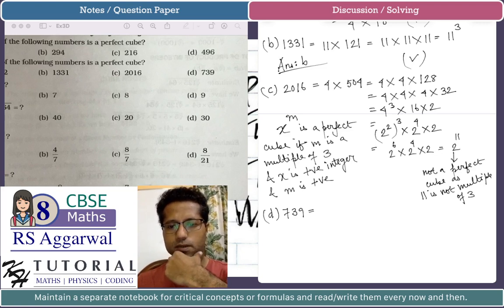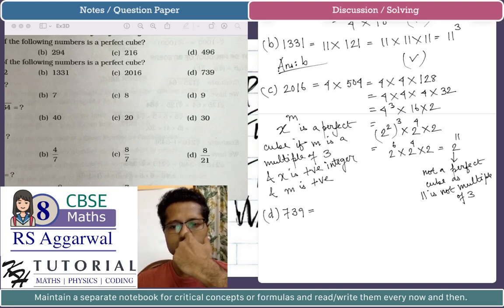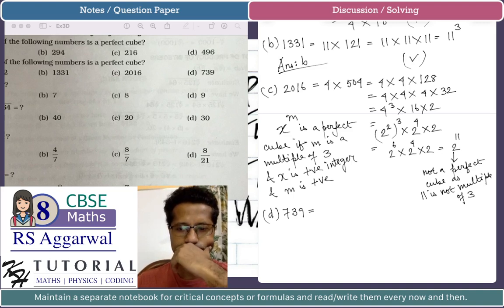So 739, the prime factorization. Will you divide by 7? No, not divisible by 7. 739, no, 729. 729 is a cube of 9.